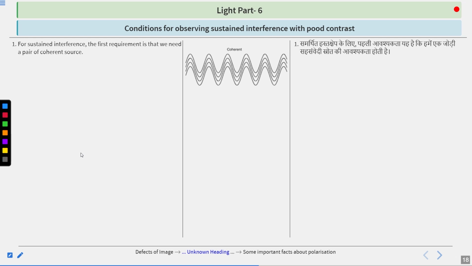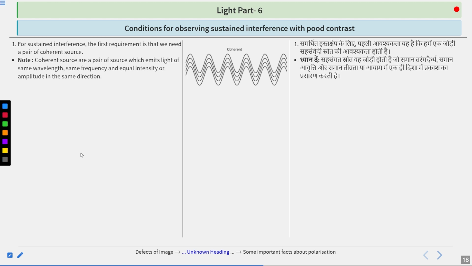Now, what are the conditions for observing sustained interference with good contrast? For sustained interference, the first requirement is that we need a pair of coherent sources. There is a note. Coherent sources are a pair of sources which emit light of the same wavelength, same frequency, and equal intensity or amplitude in the same direction.